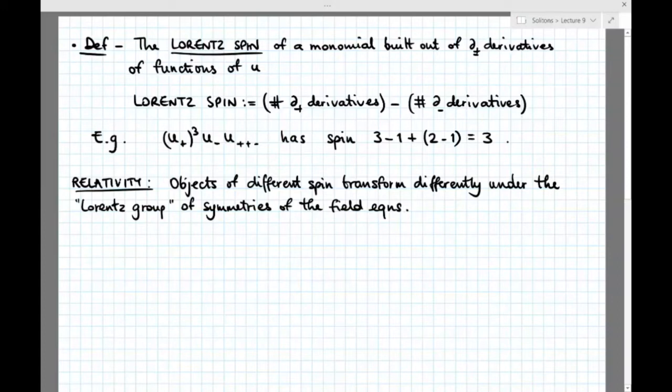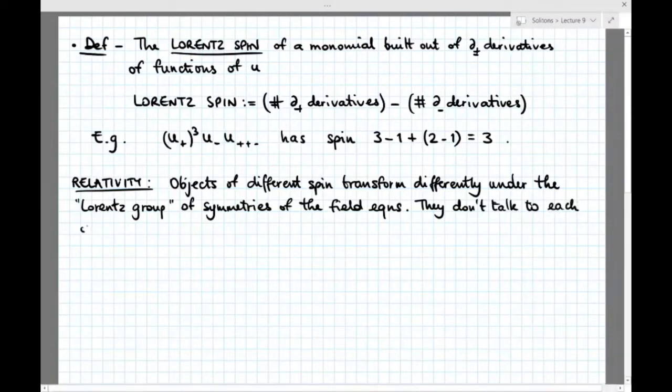And as a result of this, objects of different spin don't talk to each other. And similarly, objects of different spins shouldn't be added to one another.